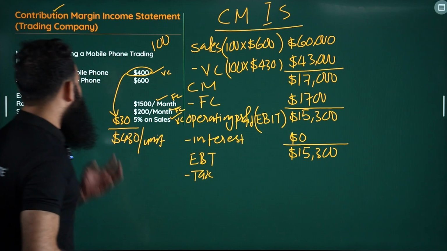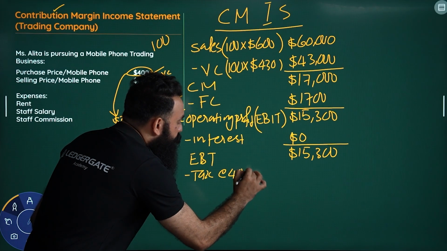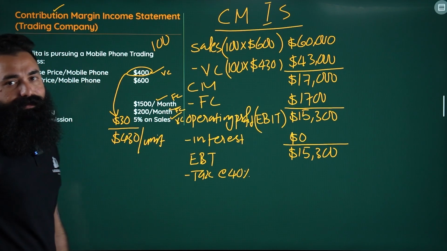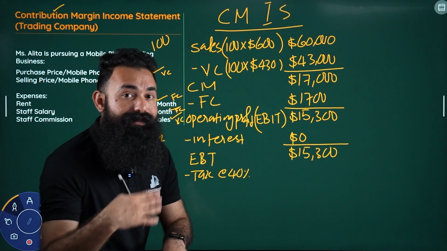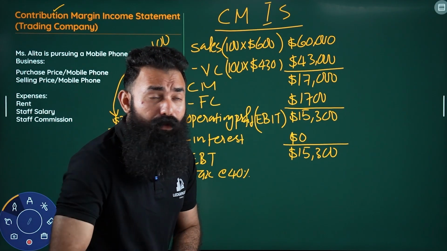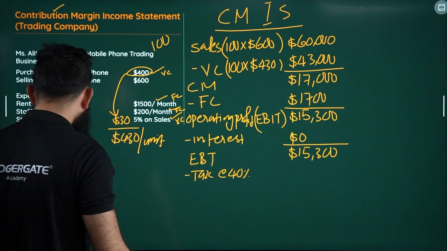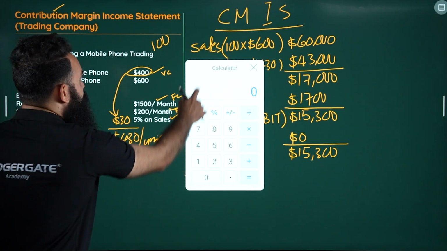Let's assume that in our country we are paying 40% tax from the taxable income. This is the taxable income. That means this is our profit before tax. From this amount we have to give 40% tax to the government.